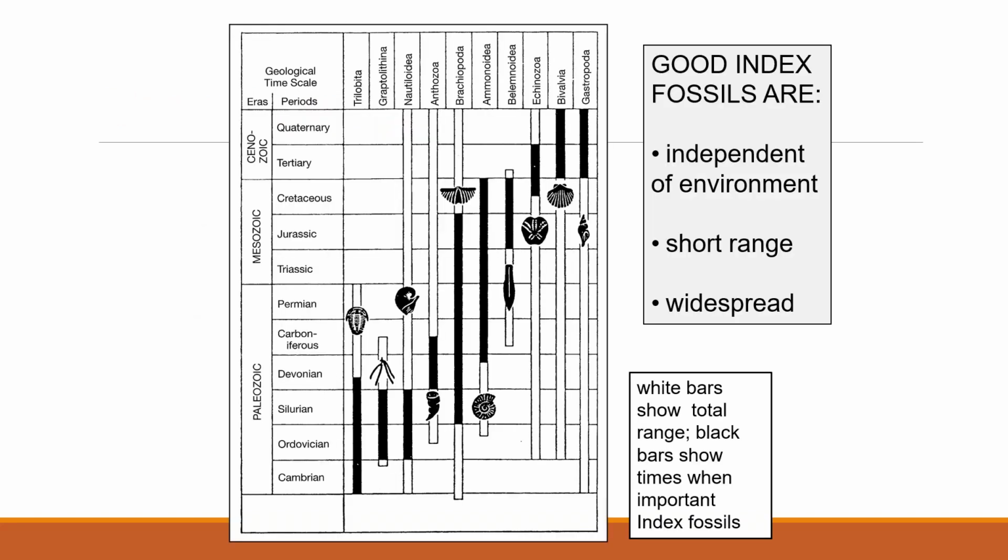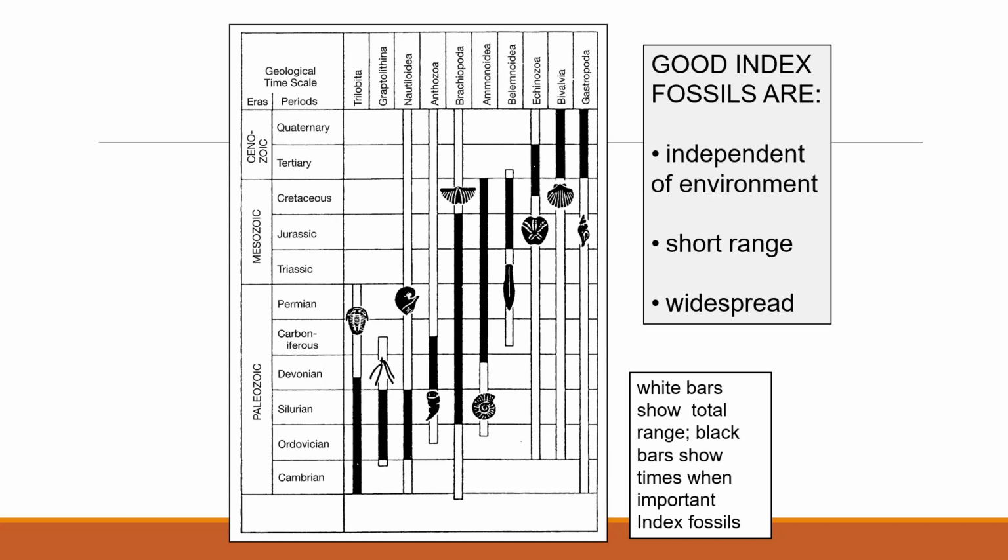These are called index fossils. Index fossils are fossils that are used, either singularly or more commonly in a group, to identify a time period. A good index fossil will be independent of environment, short-ranged, and widespread. Short range means it's not around for all of the periods. We don't want a fossil that doesn't tell us what time. We want it to be just a short time range.